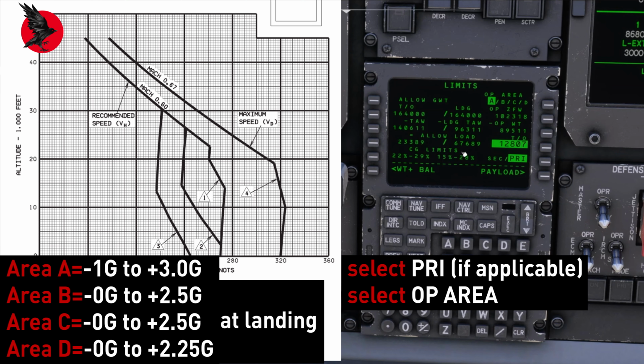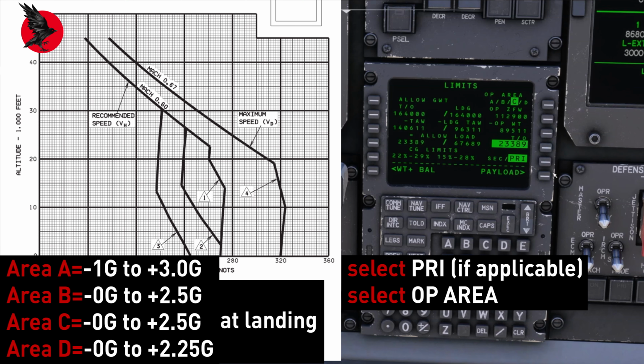So we can see that with 15,900 pounds of payload, we can't use operating area A. But we can use operating area C, which allows us our full allowed load and is limited only by the gross weight. This is fine, but we need to keep the additional limitations in mind as we fly the aircraft.